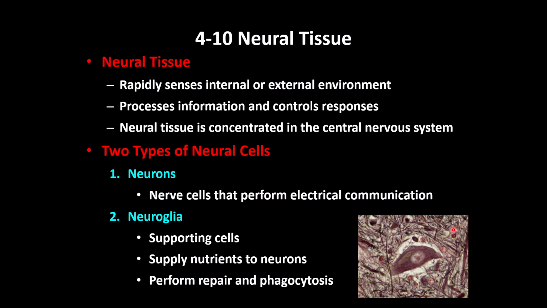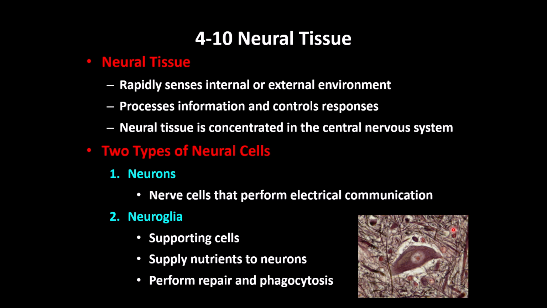It's important for understanding the internal and external environment. Any sensations coming from outside or from inside the body, the central nervous system will process that information. It is for movements, also for higher brain function, for example, memory, learning, judgment, personality, and other things.